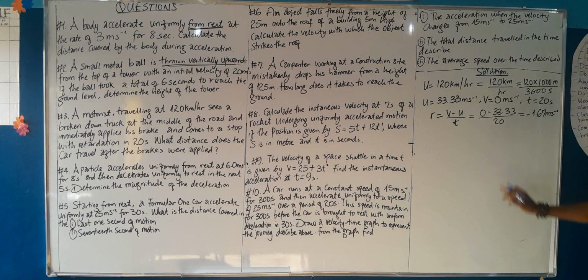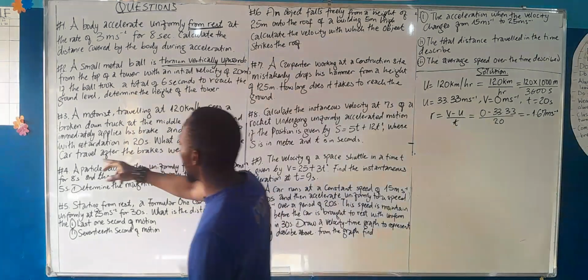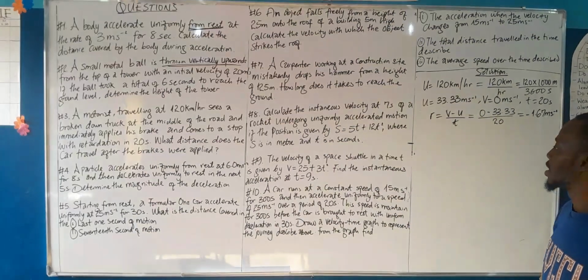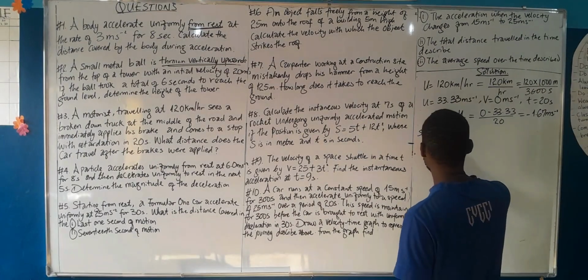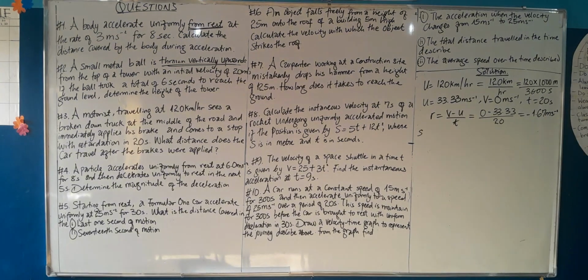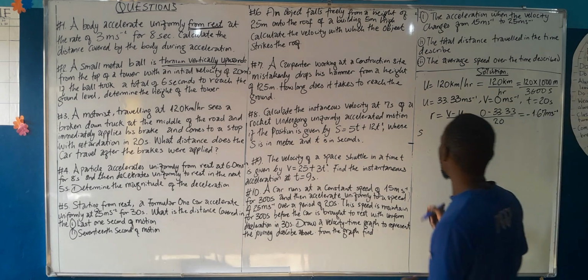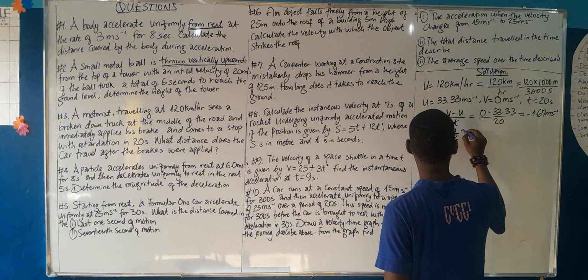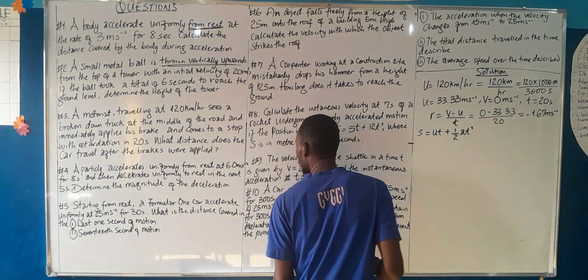Do you get? Okay. So what distance does the car travel after the brakes were applied? What distance we're looking for is S. So what formula should we use? You can pause it and find the formula that we can use to solve this question. We can use either the first, the second or the third. So S equals UT plus half RT squared.